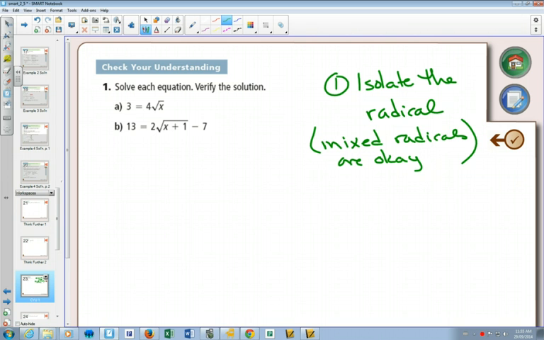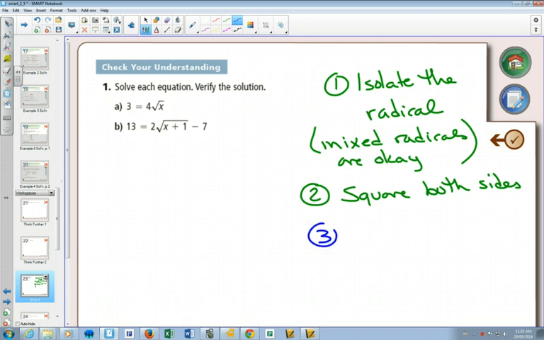After we isolate the radical, we're going to square both sides. Both of these green steps are new for us because we haven't solved radical equations before. Once we square both sides, we're going to get something we have done before, so I'll put it in blue here.